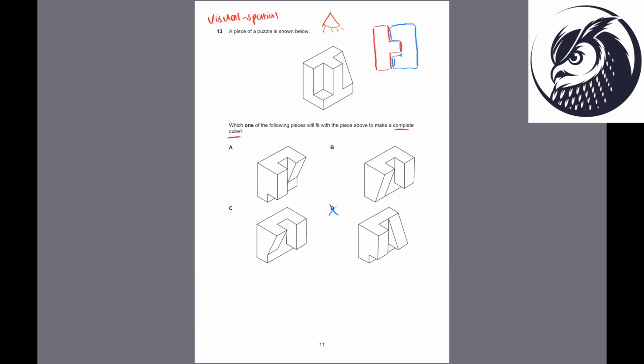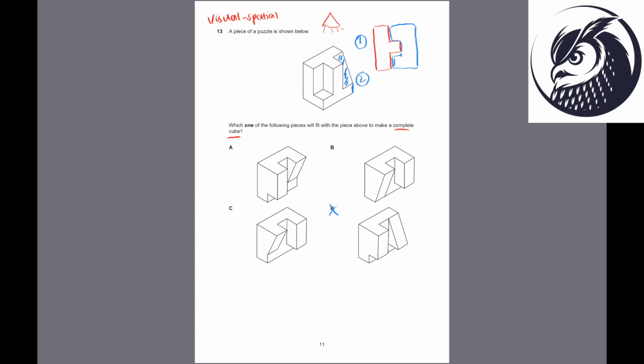The second step, guys, so if we call this our first step, where we remove answer option D, from our second step we should focus on the sloped surface. So I'm just going to shade that blue over here, right? So we know that the sloped surface starts from the top and it ends a little bit above the bottom. Can you see that it doesn't go all the way to the bottom? So in order to find the piece of the puzzle that will fit into that, we're also looking for a sloping surface that doesn't go all the way to the bottom, right?